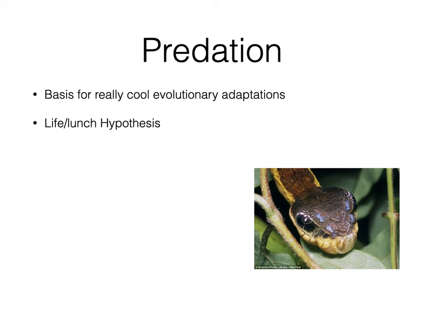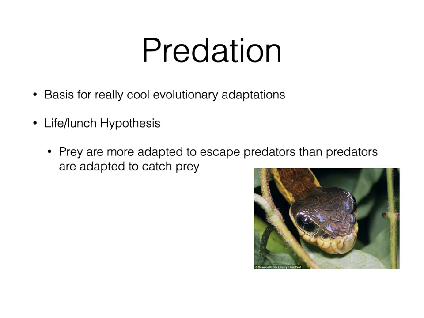The life-lunch hypothesis explains why prey are generally better adapted to escape predators than predators are adapted to catch their prey. So stated another way, prey more often than not escape predators, and predators more often than not don't catch their prey.